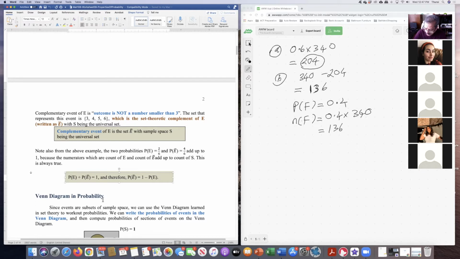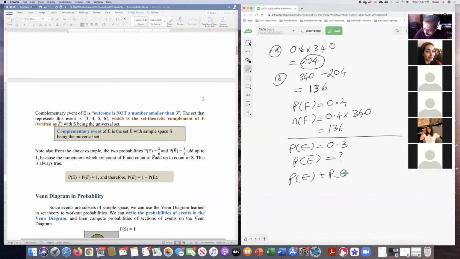So I'm going to the board. If the problem says probability for the event E is 0.3, what is the probability of the complementary event? Okay, we know that probability of E plus probability of E bar is always 1. So we can rearrange this equation to have probability of E bar on the left. If you subtract probability of E from both sides, then you have 1 minus probability of E. So you can use this to find probability of E bar.